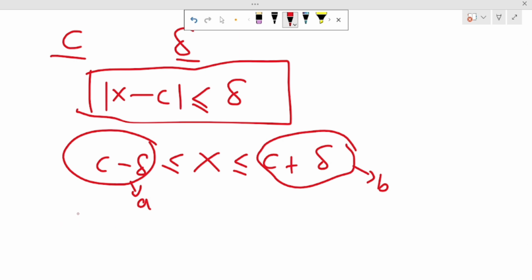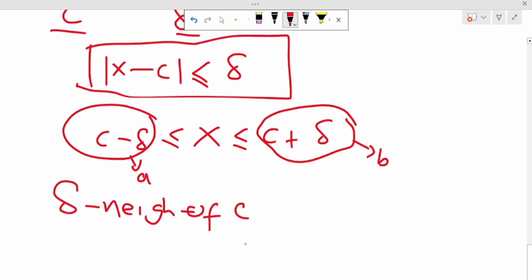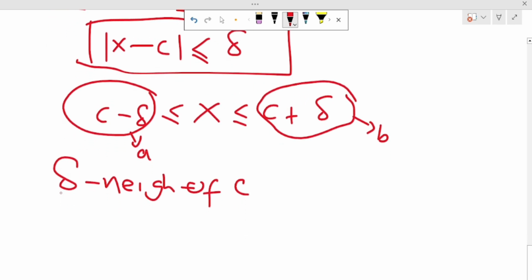For neighborhood, they will tell you to find the delta neighborhood of maybe c, the midpoint. Maybe they'll say find 3 neighborhood of 2. It means that they've given you the radius to be 3 and the midpoint to be 2. So let's do an example: 3 neighborhood of 2.